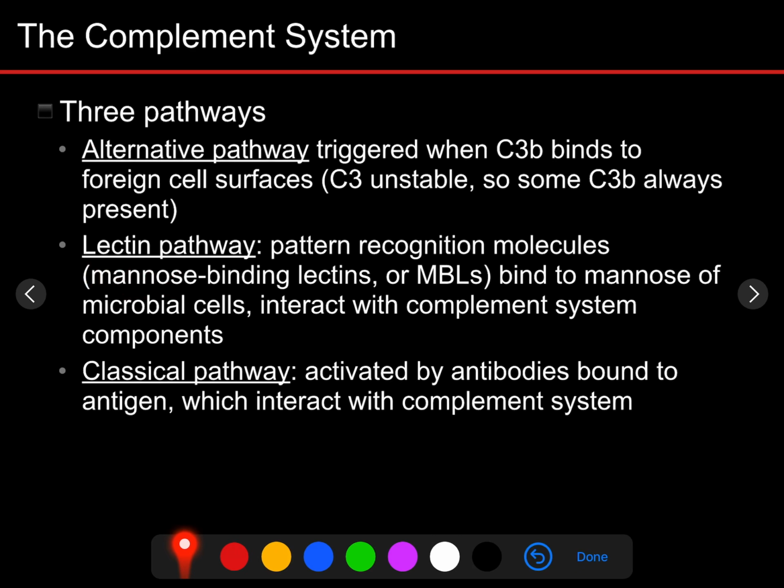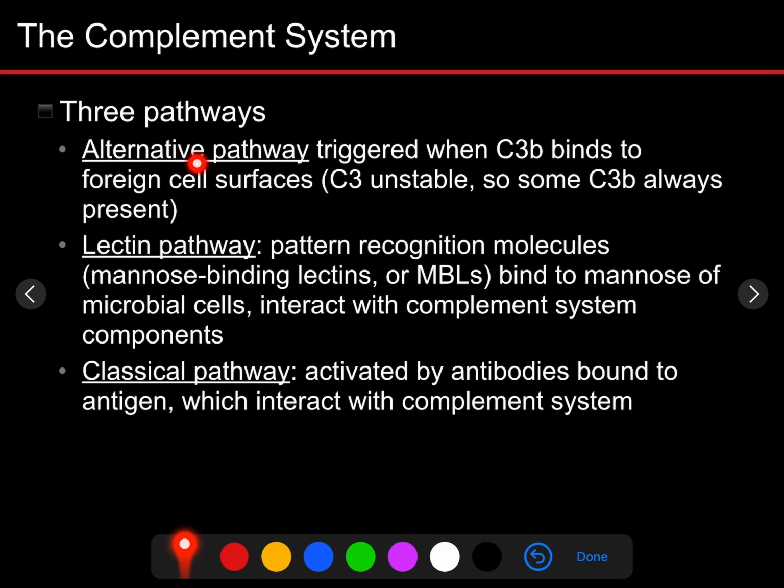So this mannose binding lectin is always floating around in your blood. And when it binds to mannose on the outside of bacterial cells, it can activate the complement system and direct the complement system against the cell that it has bound to.